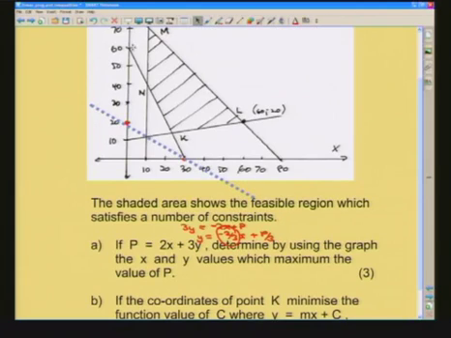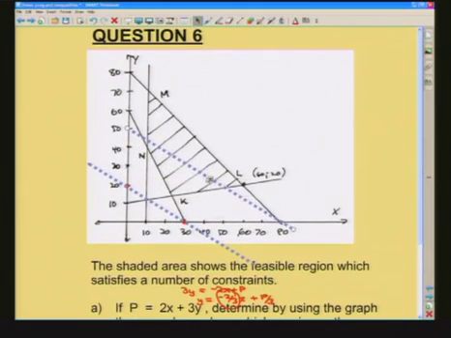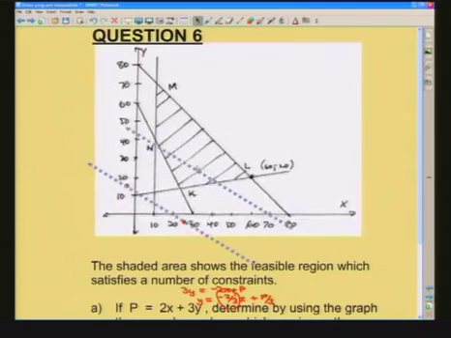Okay, and I think they want me to maximize. Yes, maximum value of P. So what we want to do is search this region with our search line. So let's clone, search line up. You agree with me, it's not the maximum yet. Keep on.